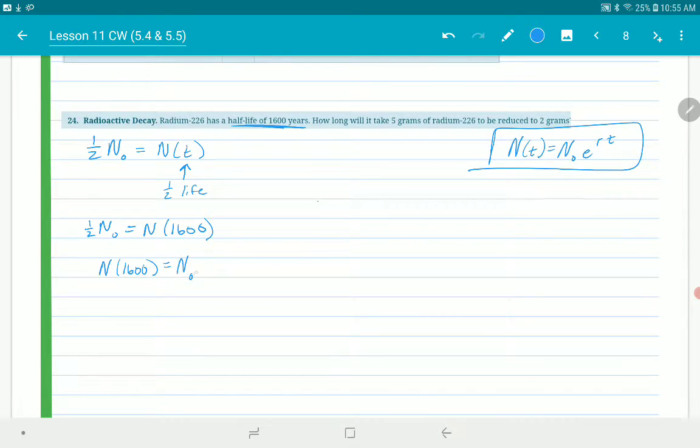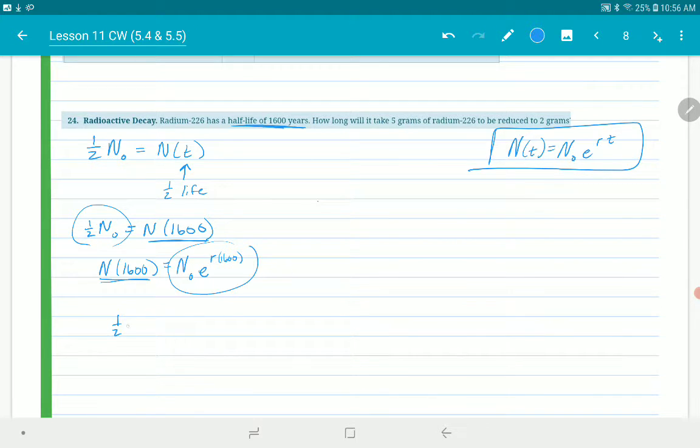So n of 1,600 is the initial value times e to the r, t is 1,600. Now these two are equal, so I can set this one equal to this one to find out what the rate is. So I'm using the half-life to find the rate rather than being given the rate.